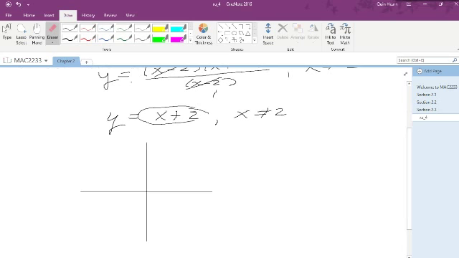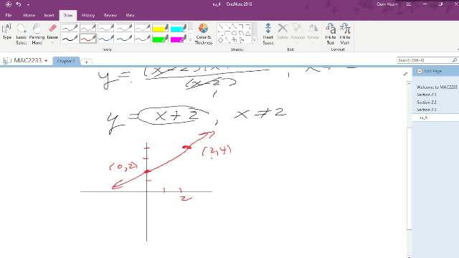Okay, the graph of x plus 2 is a line that has a y-intercept at (0, 2) and it has a slope of 1. And it also goes through, say, (2, 4). Okay, so there's our line.